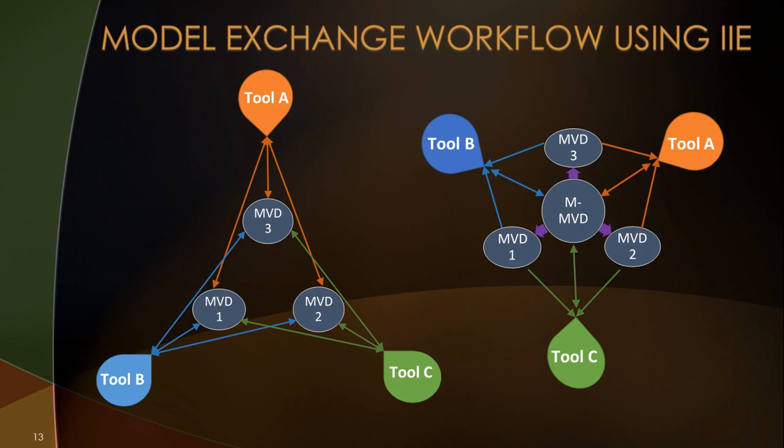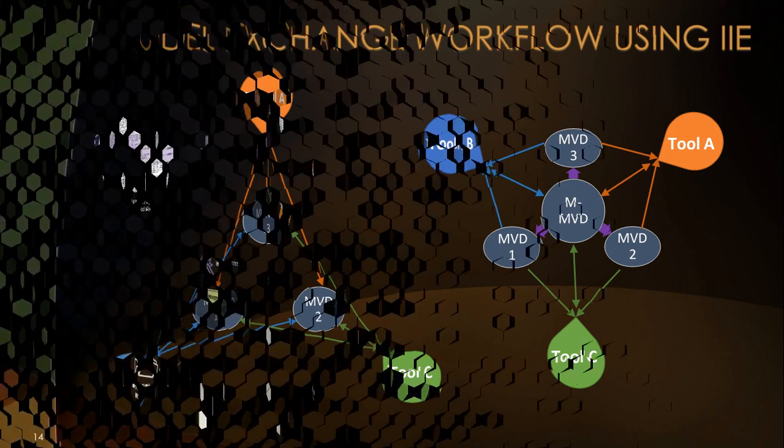The master MVD could be design transfer view or coordination view, and then create IFC files in other views from that master MVD. In this way, we can significantly reduce the burden of implementing MVDs in BIM authoring tools.